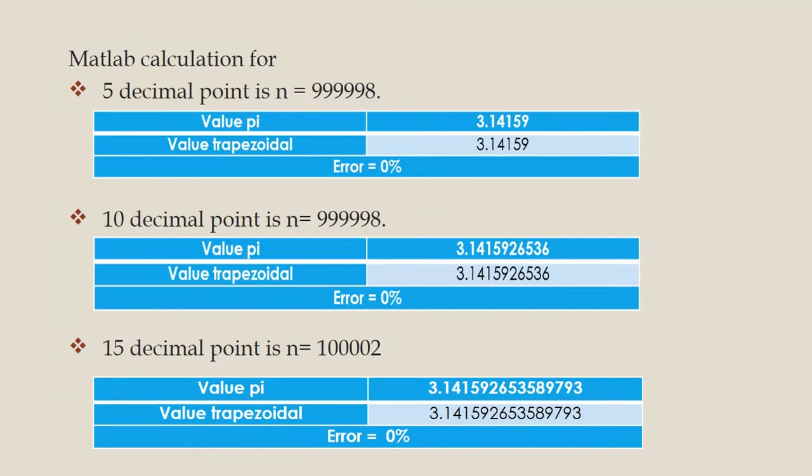When the code is set to calculate the 10 decimal point trapezoidal function value, the value of n is also equal to 999,998.